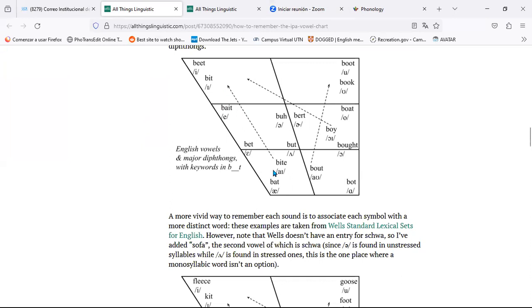So I is a diphthong. Bout is a diphthong. Let me give you another word, because all of these start with B: house. House would be a diphthong. We have the A, and then we go up here to the lax U, ow.